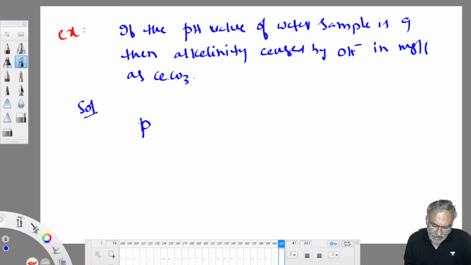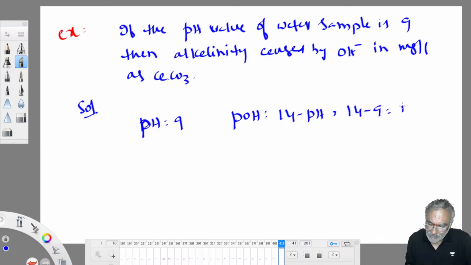So pH is given as 9, therefore pOH is equal to 14 minus pH. So 14 minus 9, it is 5. Therefore OH minus ion concentration is 10 power minus 5 moles per liter. But I will convert this into milligram per liter.